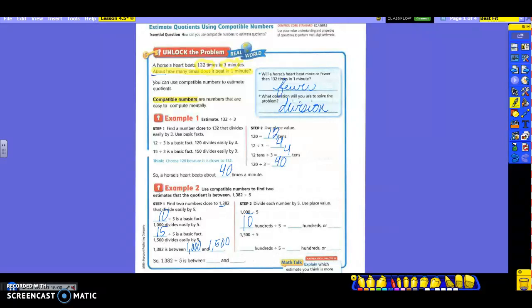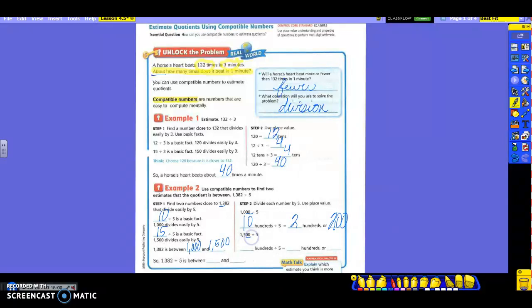So 10 hundreds divided by 5 gives me how many? What number times 5 gives me 10? 2. So 2 hundreds, or I can write it out as the number 200. Following? You've got to kind of think about place value here when you're talking about these. So 1,500 divided by 5. How many hundreds am I going to have this time?